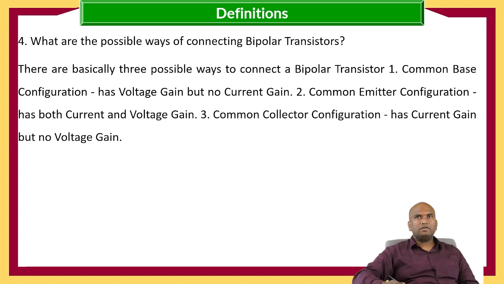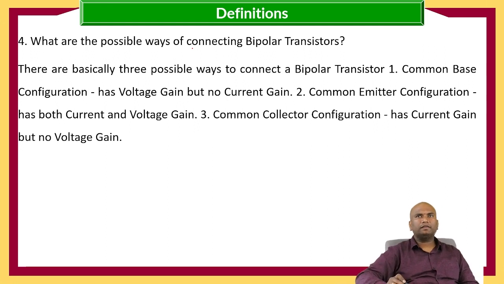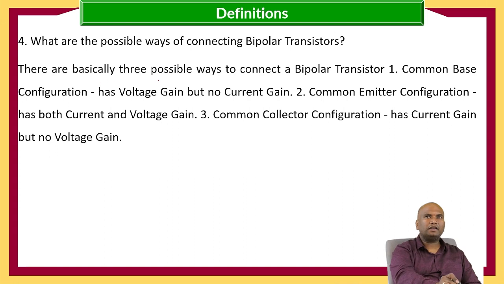What are the possible ways of connecting the bipolar transistors? There are basically three possible ways to connect bipolar transistors. One is the common base configuration, which has voltage gain but no current gain.